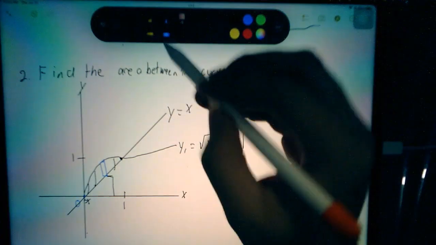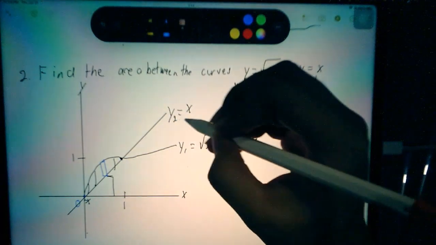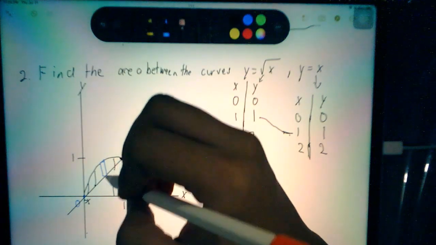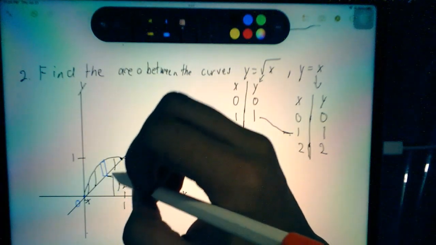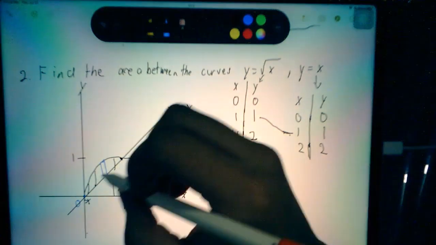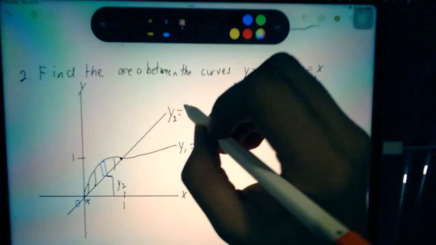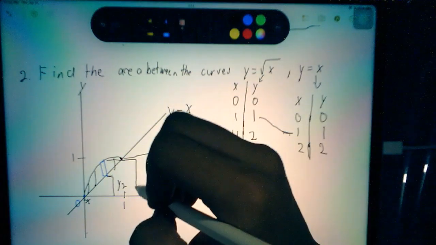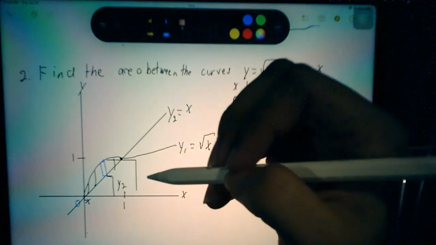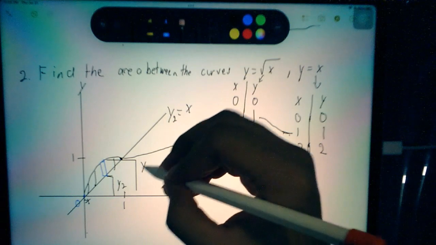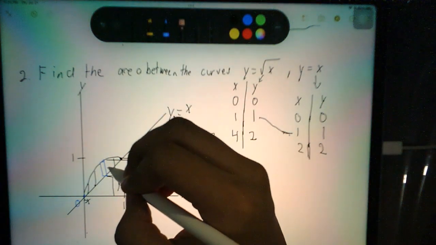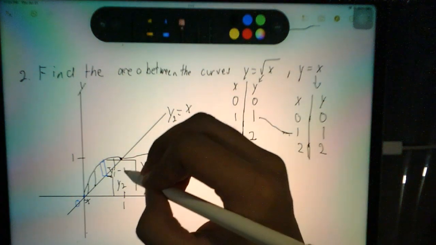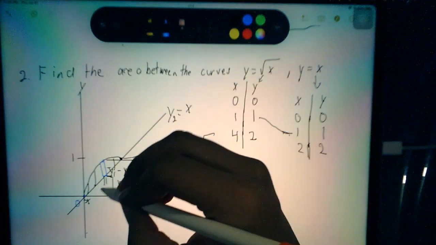Let me erase that. Y2. So let's put it y2 because the line that is touching the bottom of the vertical strip is y2, and the top is just y1, and then the area between them is just y1 minus y2, and thickness here is dx.